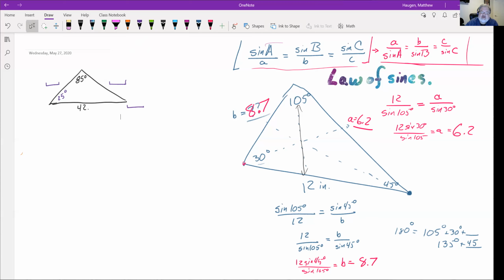Well, we do have some choices here. We can't find this side over here first, because we don't know anything. We don't know its opposite. We got nothing. We could find this side first if we wanted to, or we could find that angle first because they have to add up to 180.